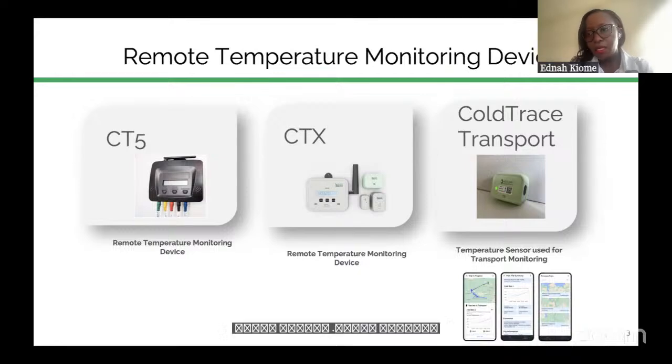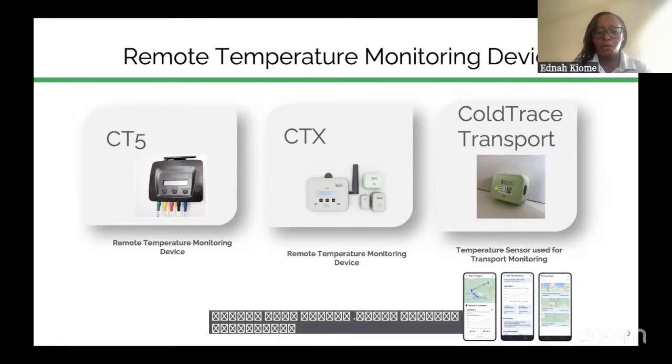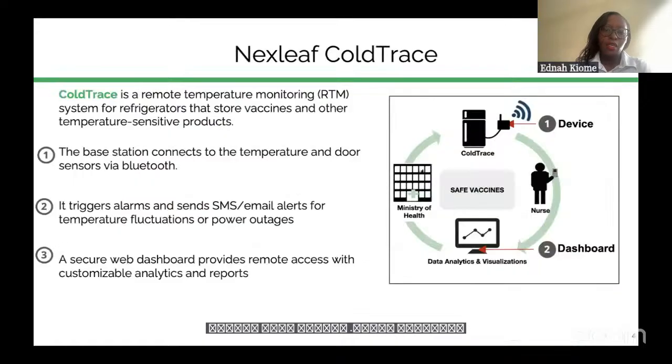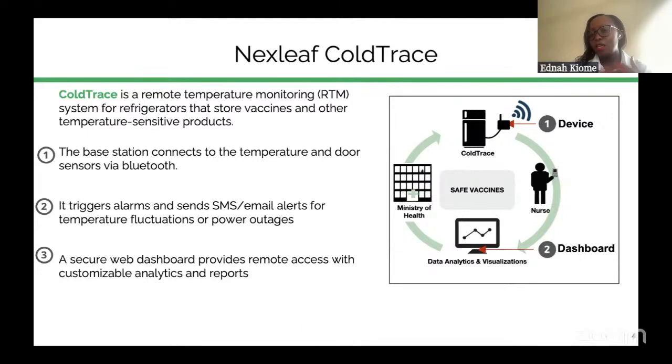So specifically in Malawi, we are working with the ministry to monitor cold chain equipment and vaccines in storage. What happens with the solution is once the base station connects, we are able to log both the data within the cold chain equipment and also within the door sensor, right? So we're able to know when the fridge is opening, when it's closing, should it be a walk-in freezer?